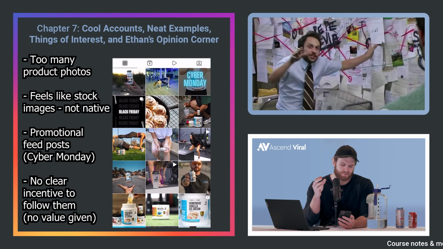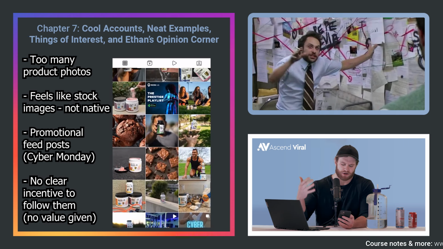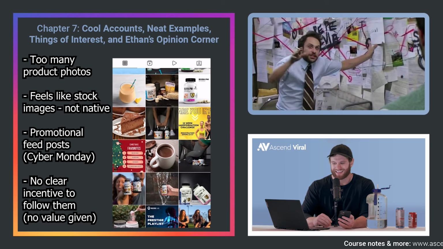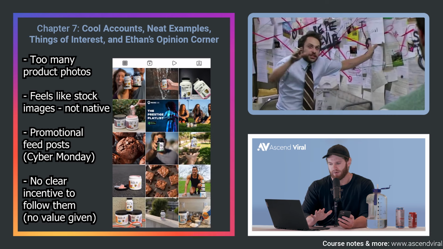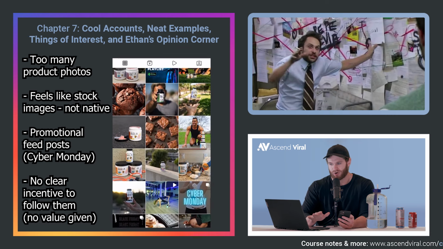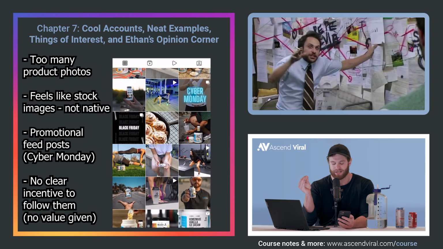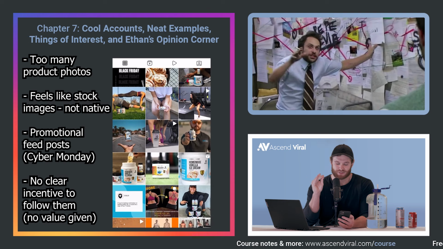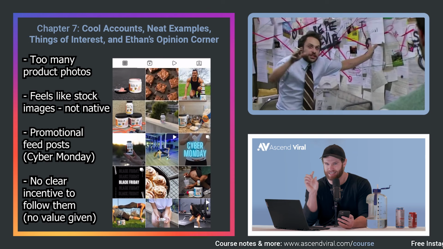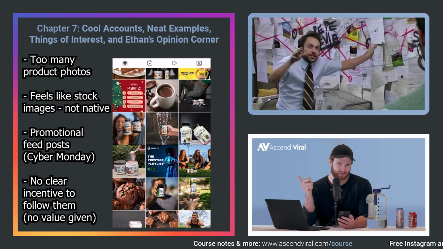Whenever your content is so geared around your brand, I think it's kind of hard to get organic growth. So this is my only example of what not to do, but I think it's worth checking out to see the differences between this account and the next account.